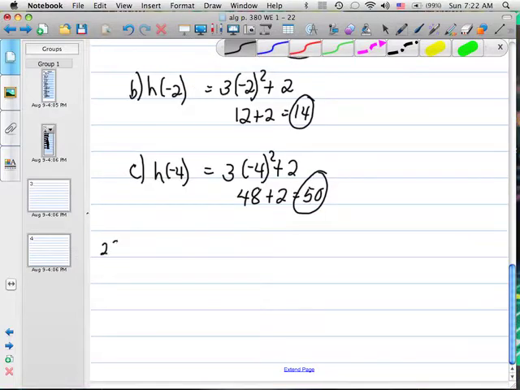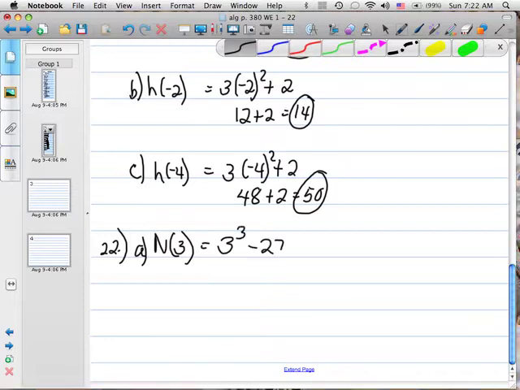And problem 22, we have the function n that pairs t with t cubed minus 27. So we're going to cube t and then subtract 27. So a, n at 3. So 3 cubed minus 27. 3 cubed is 27, minus 27 is 0.